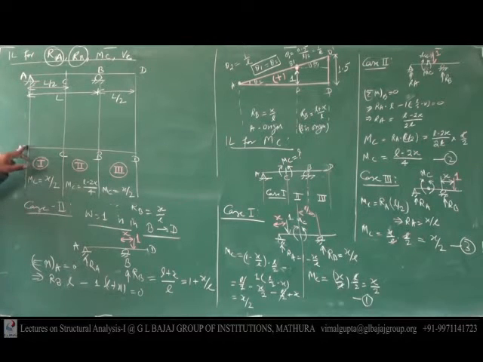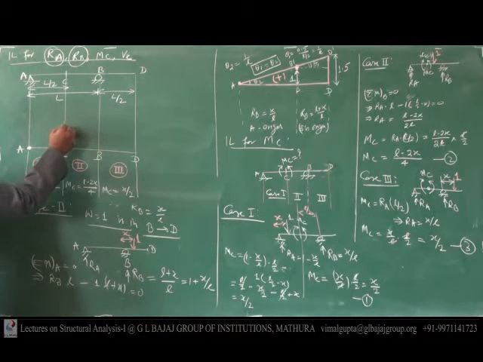We know very well what the origin points are. The origin point for case 1 is A. For case 2 the origin point is C. For the third it is B. So it is very simple. When the value of X is 0, the bending moment is 0 at point A. At point C, the value of X is L by 2, so put X by 2 and put L by 2, so L by 2 divided by 2 means L by 4.